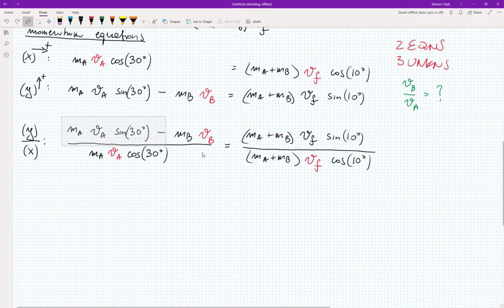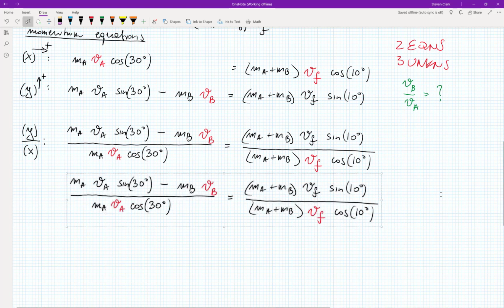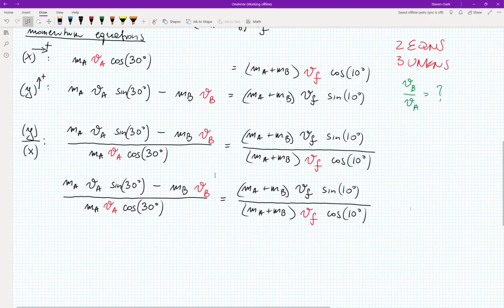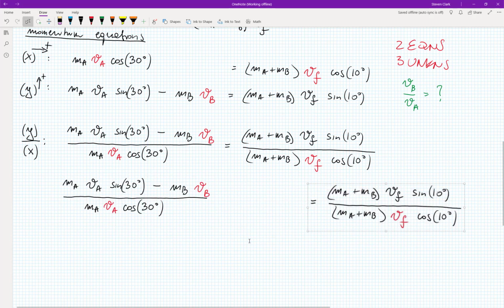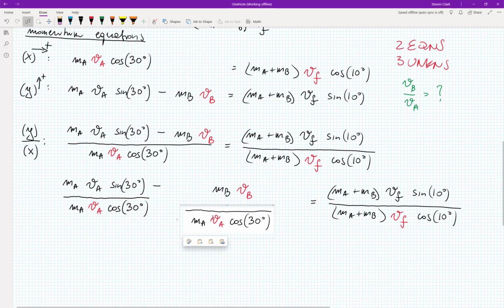So I just want to take this equation and copy it here. Okay, so I just want to split the fraction on the left-hand side into two. Basically, I just want to leave this fraction here, and I want to move this value here and divide it by this as well.